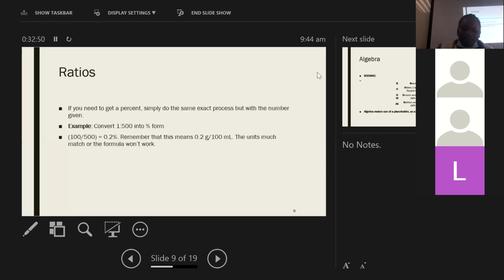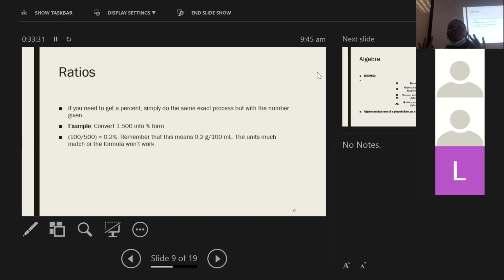Okay, let me write it down. It says convert the 1 of 500 into percentage form. Guys on Zoom, I'm writing it down on the small board. I'll show you now. So you take 1 over 500. 1 divided by 500 gives you 0.002.